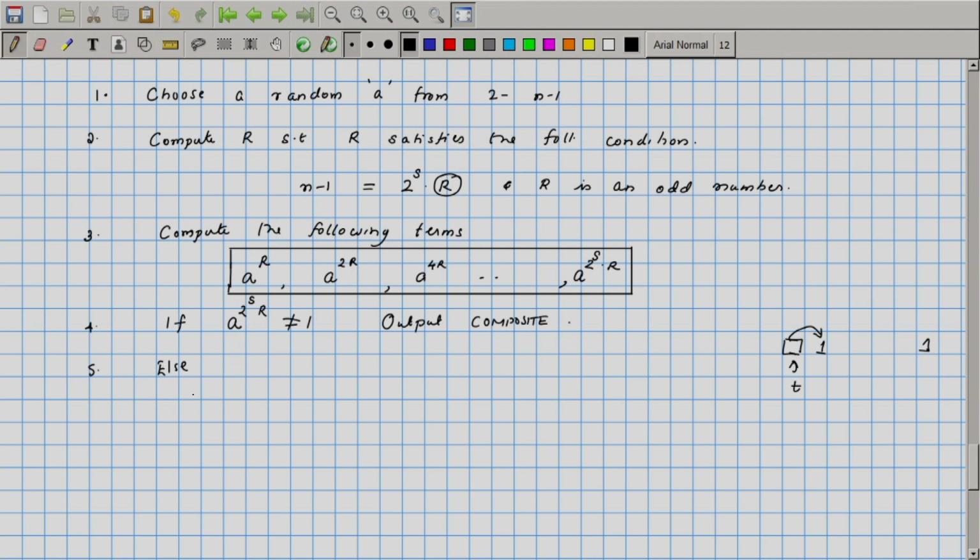So, else we will determine the index at which the last 1 appears.